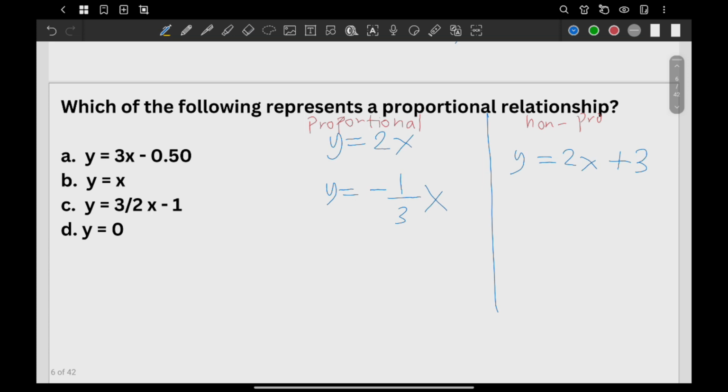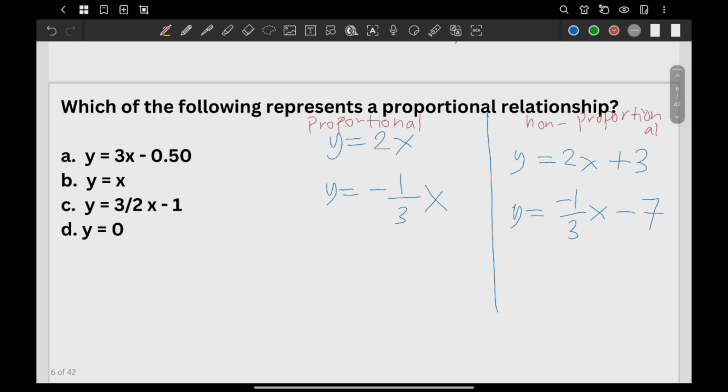Another example, y is equal to -1/3 x, and here you have -7. These are examples of non-proportional. So given the choices, which one is proportional?